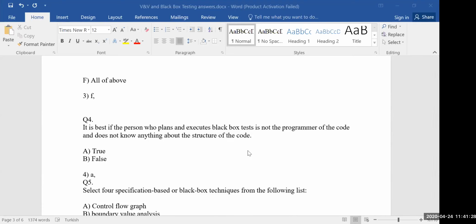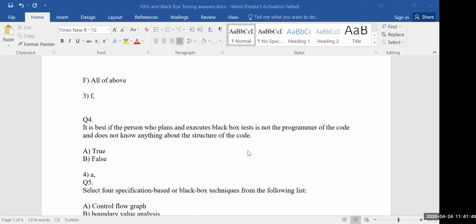It is best if the person who plans and executes black box tests is not the programmer of the code and does not know anything about the structure of the code. Actually, this is similar to the previous question, and the answer is 2.